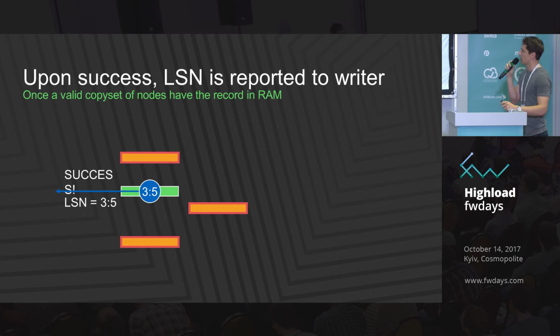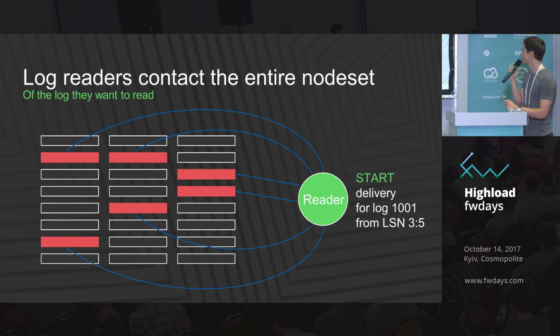Now, an interesting question is, how are we going to read this data? The big interesting point here is that the reader is going to connect to all machines in the node set. But as I said, the node set can dynamically change, new machines can be added, or we can increase it, or we can just change it and reshuffle.